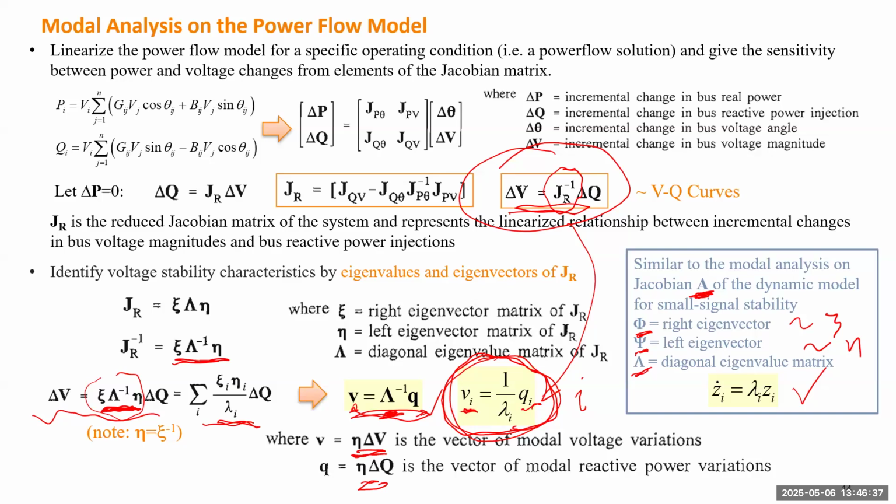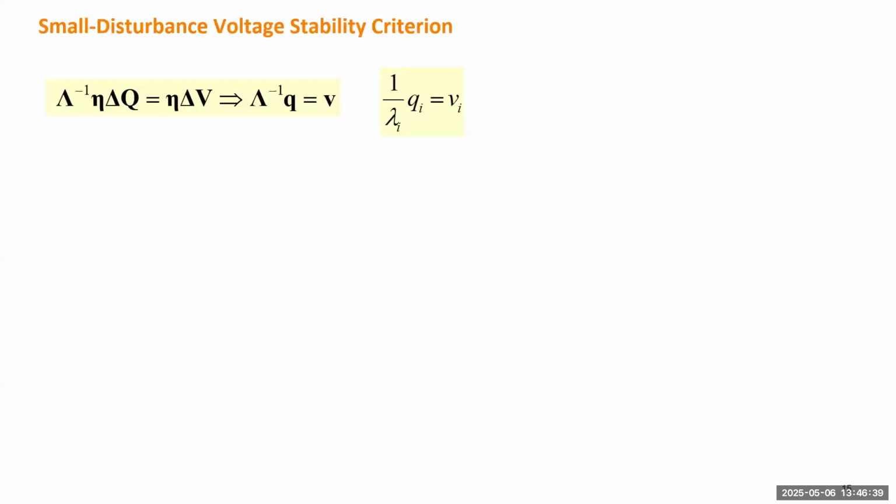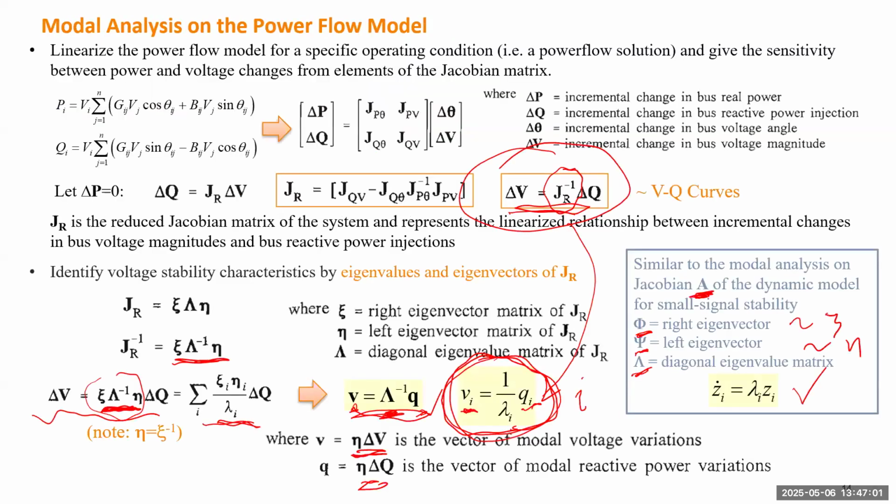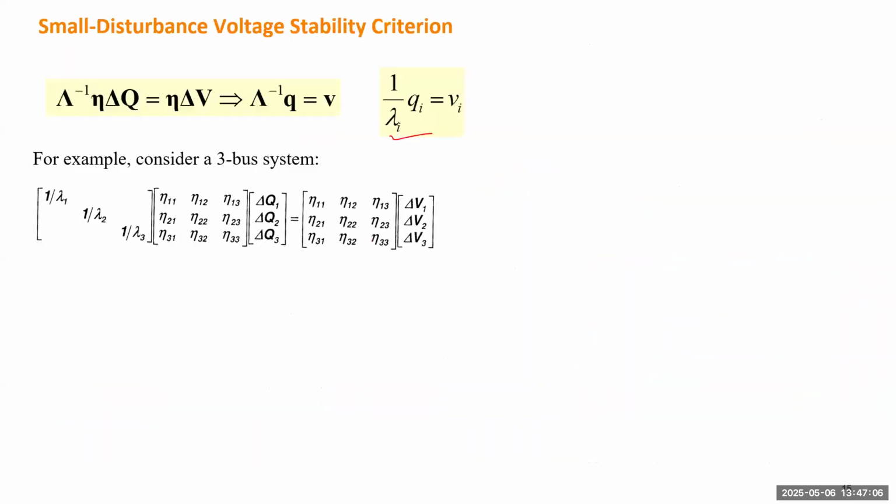Okay. Let's start from here. This is what we defined from a previous slide. And if we study a 3-bus system, I ignore the first few steps. You write down the power flow equation for this 3-bus system, and then you linearize the system to get to here. Starting from there, you solve the first 3 eigenvalues.